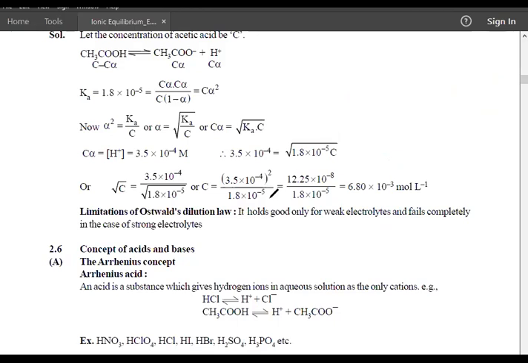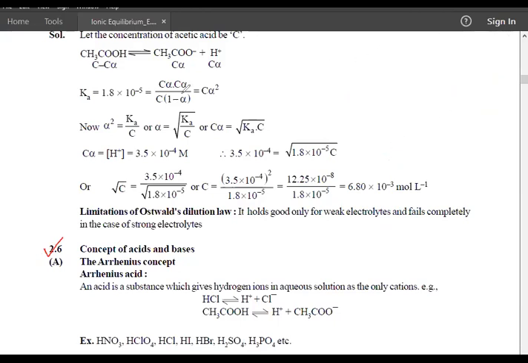Now, the concept of acid and base. Again, this is about acid and base because we are talking about electrolytes. Till now, I hope all of you understood the basics. What is electrolyte? What is strong electrolyte? What is weak electrolyte? What is Ostwald Dilution Law? What is degree of dissociation? How to find degree of dissociation?